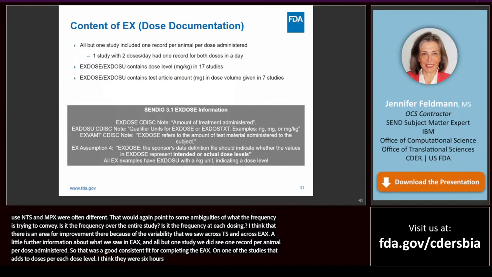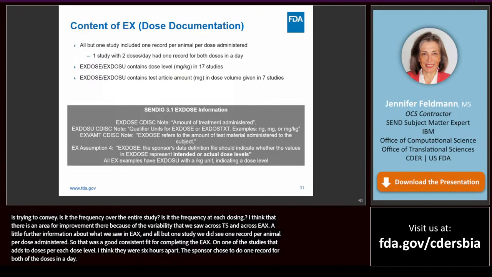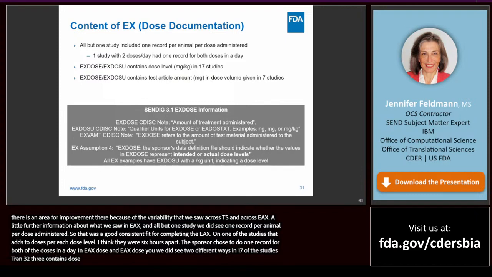In EX dose and EX dose U, we did see 2 different ways of filling that variable. In 17 of the studies, EX dose contained the dose level in milligrams per kilogram. So 4 dose levels. Those dose levels were included in EX.